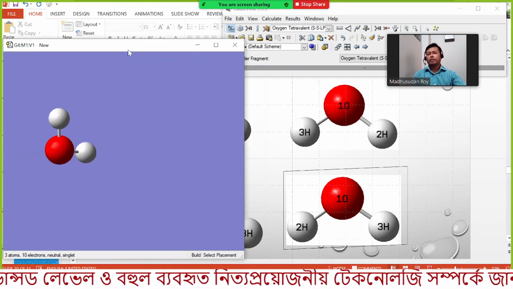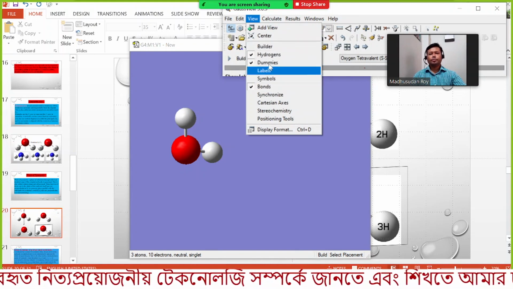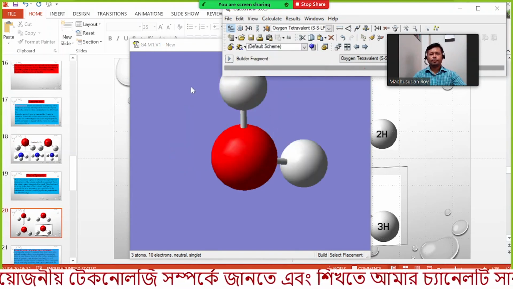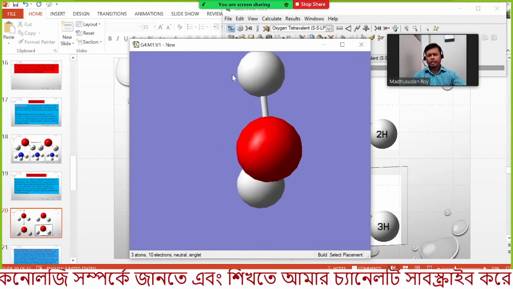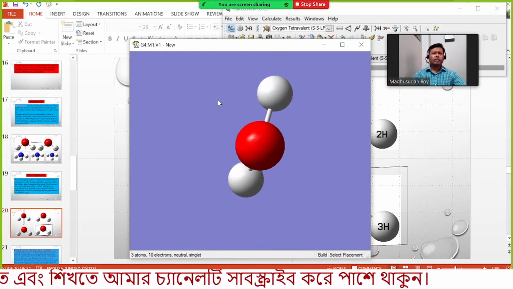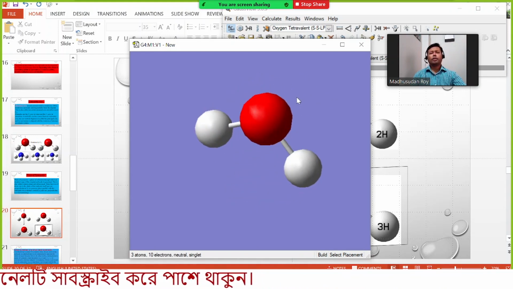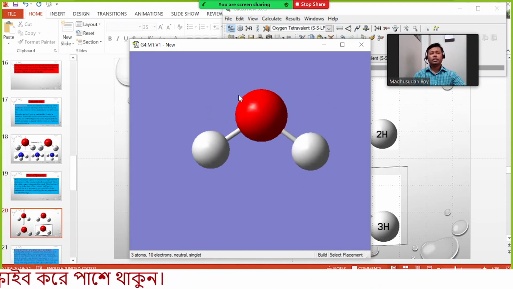Okay, this is our water molecule. Now you can consider this is in one plane. Now if you have one mirror just in between this molecule, this hydrogen and this hydrogen are exactly identical, like your left hand and right hand.